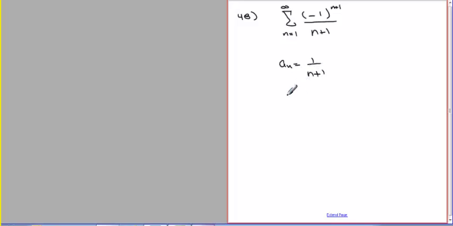The 2 requirements for this alternating series to converge are that the limit of a sub n as n approaches infinity equals 0, which is true in this case, because if n is infinity, then you get 1 over infinity plus 1, which is 1 over infinity, which is 0. So that checks off. And also a sub n plus 1 is always less than a sub n. Again, because if you have a fraction, say 1/3, and then you add 1 to the denominator, you get 1/4. 1/4 is going to be less than 1/3. So that's also true. So it's convergent by the alternating series test.